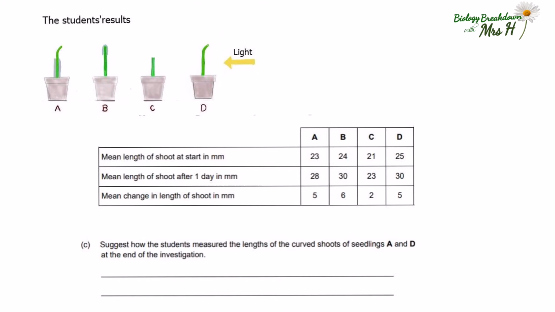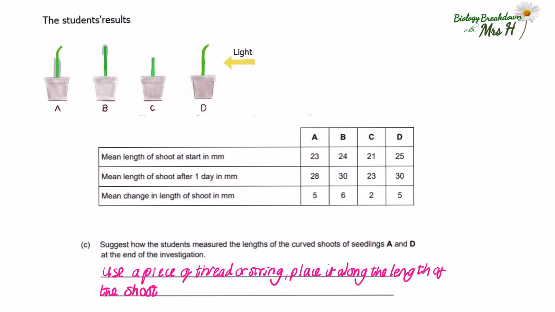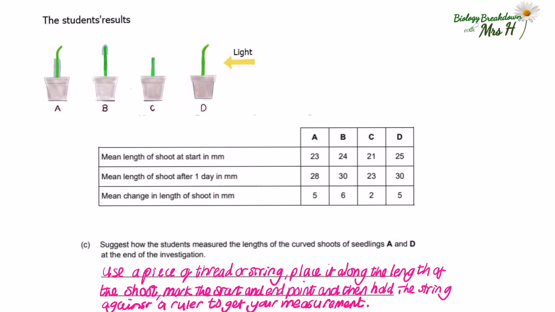But the best idea would be something along the lines of using a piece of string, placing it along the length of the shoot, because it is curved. You can't really use a ruler on a curved shoot. And what you can do is mark the start and the end point. Then you hold this piece of string against a ruler, and then you have your measurement.